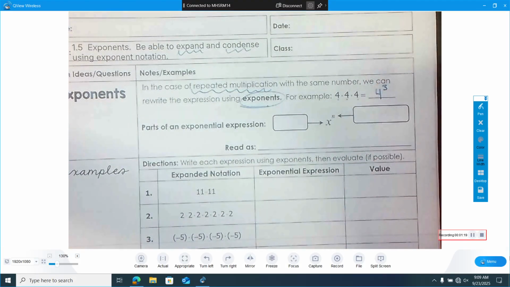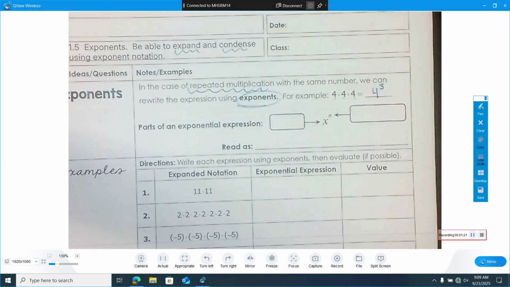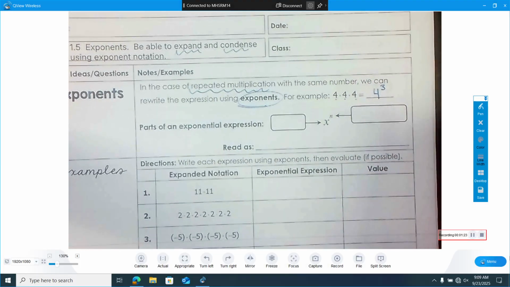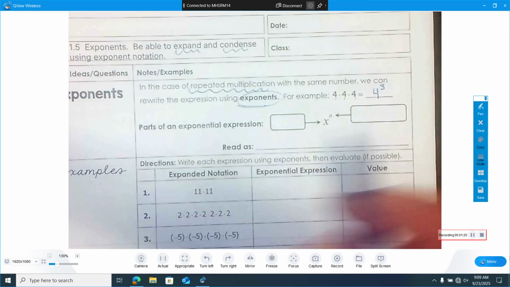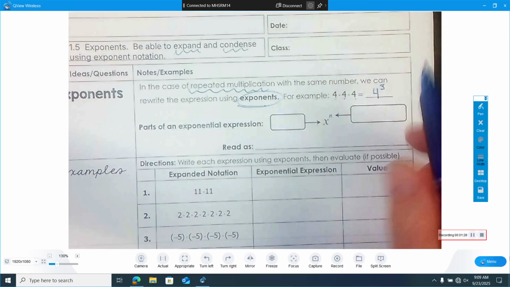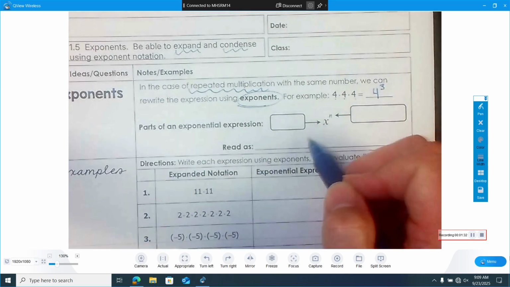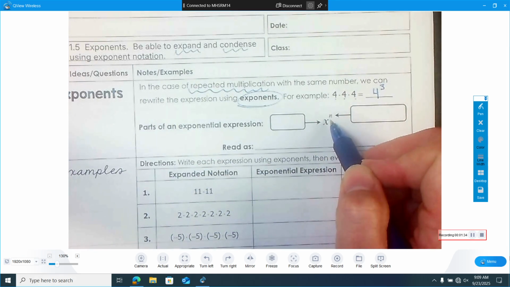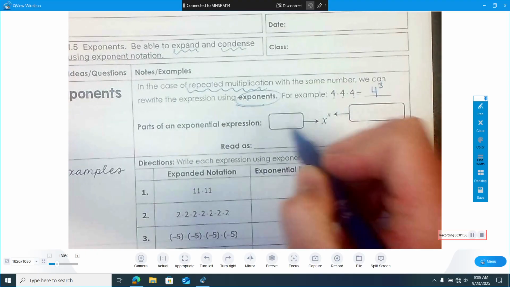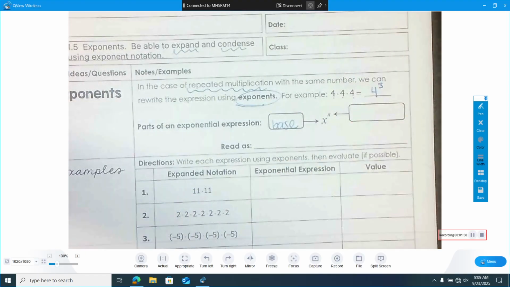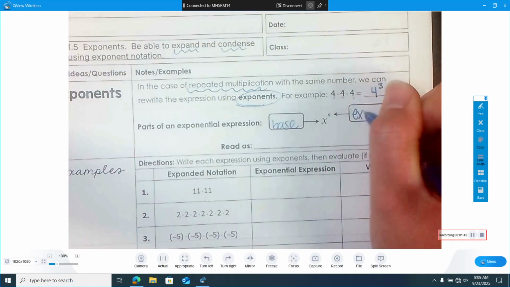Very good. So that 3 tells us to repeat the base that many times. Here is a generic notation: x to the nth exponent. X is called the base, and n is called the exponent.